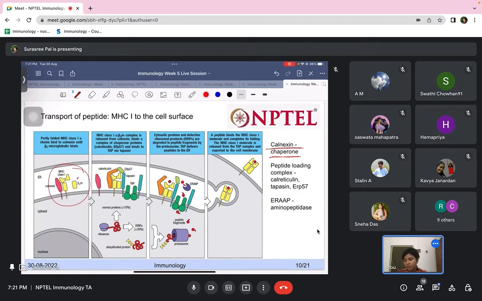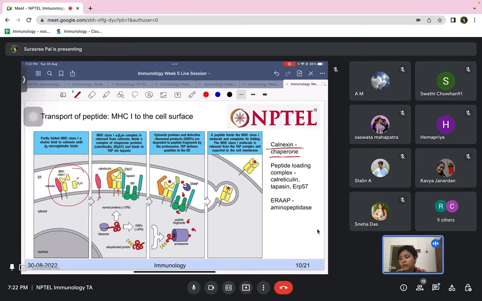Next, beta 2 microglobulin binds to the MHC class 1, and to make that happen, the calnexin is released from the MHC class 1. Here you can see calnexin being released, and then the MHC class 1 molecule binds to the beta 2 microglobulin.